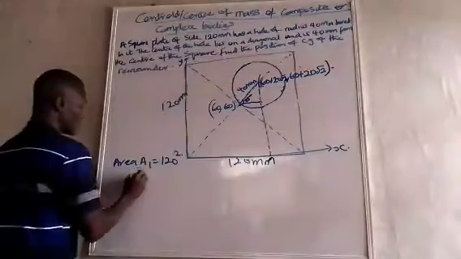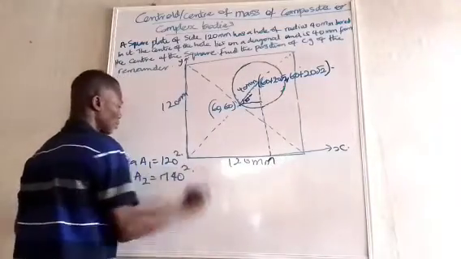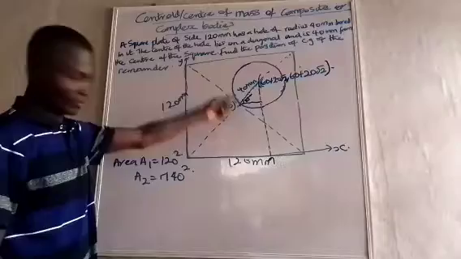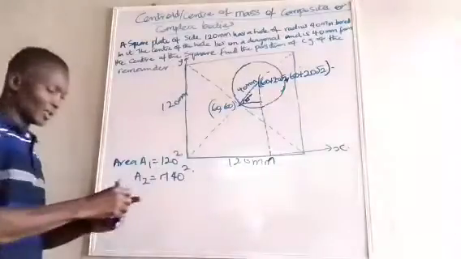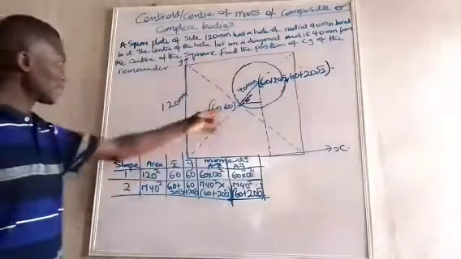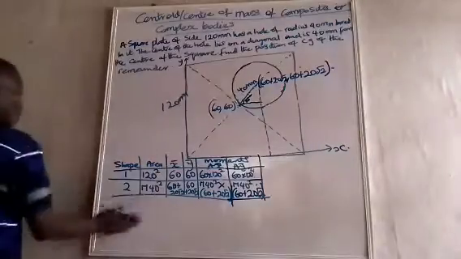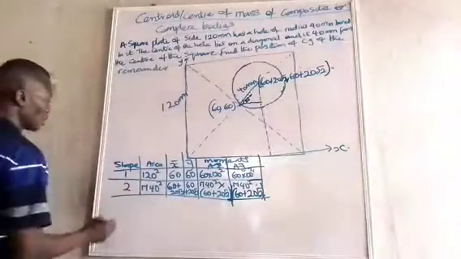Area for the bored circle is pi times 40 squared. From there, we can make a table or do everything straight. Let's make it. Now everything is in table form: area, the centroid, and the moments. Now let's find the moment of the whole shape.